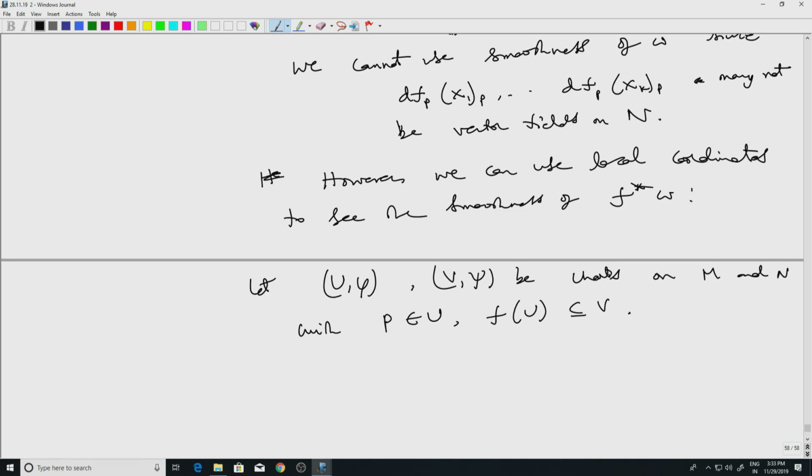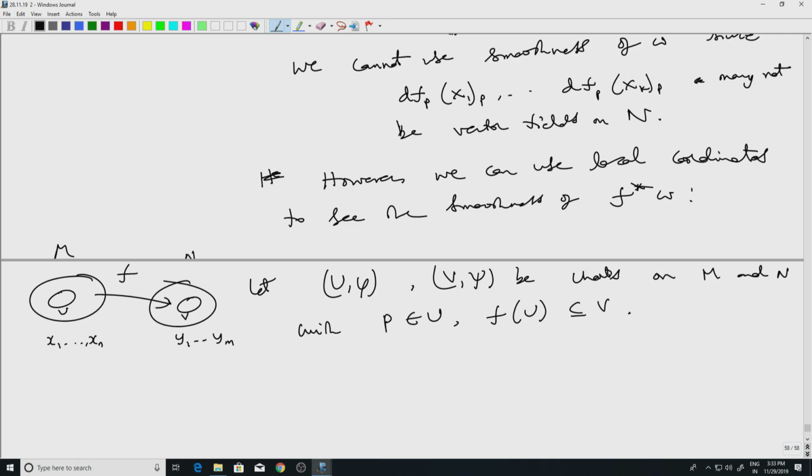So let's denote coordinates on this. So this is M and N, and I have a map F here, U, V. These coordinates here I'll denote by x1 up to xn, and here y1 up to ym. They're the coordinates of the corresponding Euclidean spaces, with P in U and F of U in V.